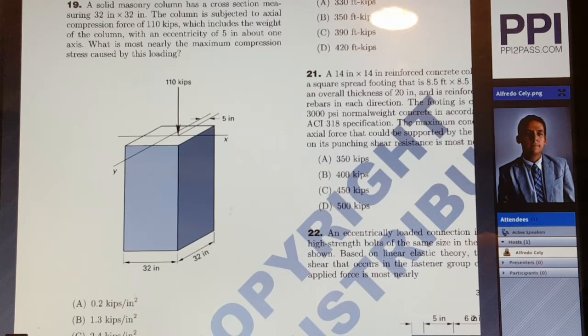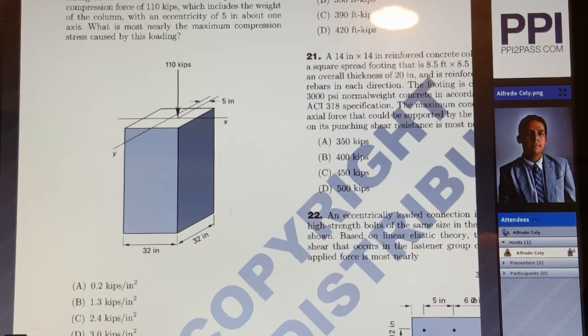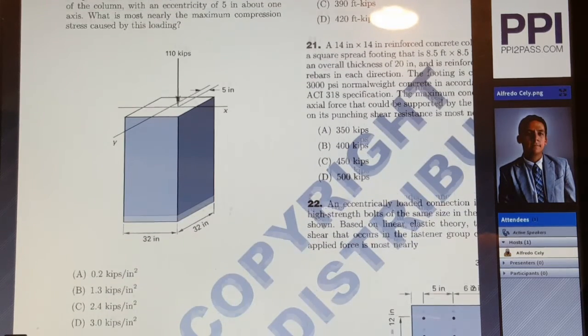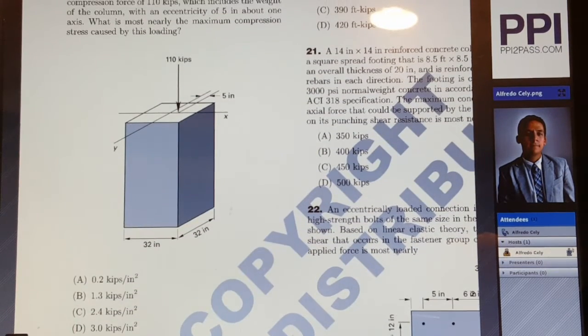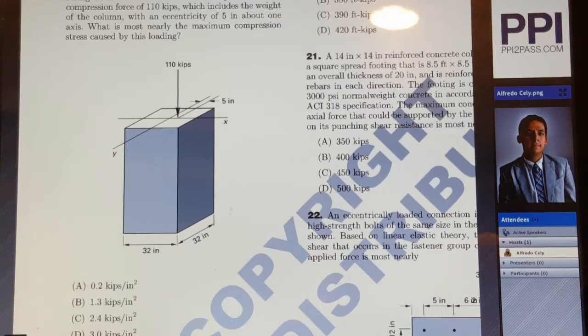What is most nearly the maximum compression stress caused by this loading? Is it 0.2 kips per square inch, 1.3 kips per square inch, 2.4 kips per square inch, or 3.0 kips per square inch?